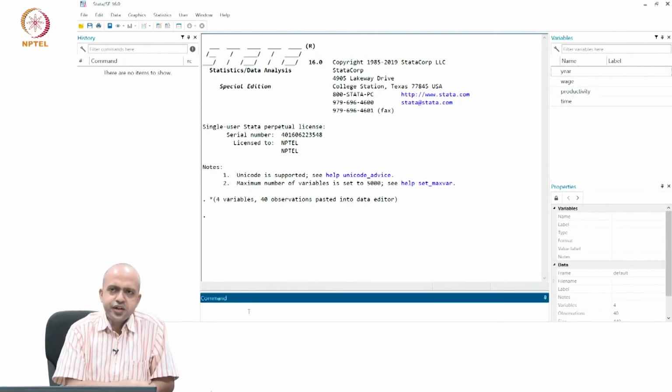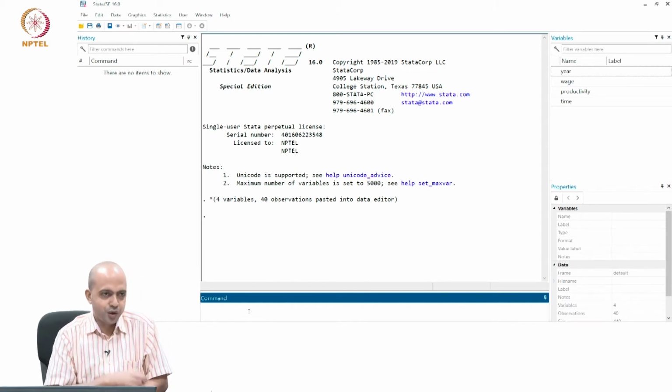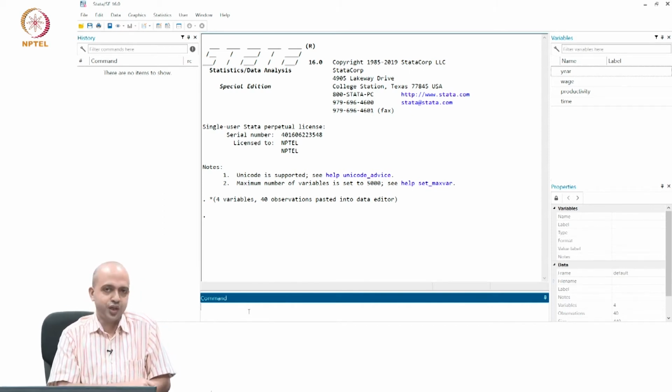Now, since this is time series data and you are trying to estimate the model, and after estimation you also want to get the Durbin-Watson test statistic, then what you need to do first is declare that this data is a time series data, and you have to put a specific command for that.